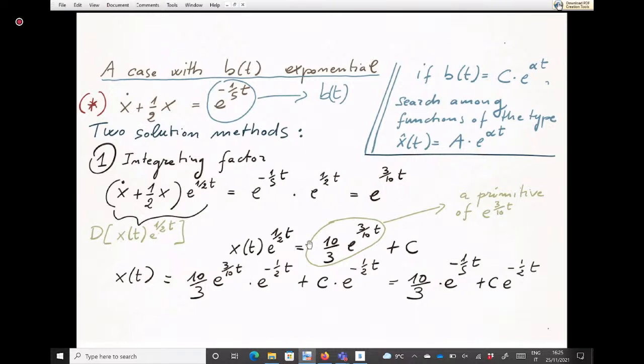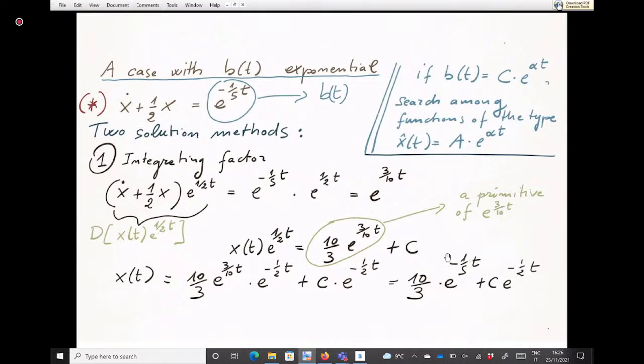Next, multiply both sides by exponential minus 1/2 t in order to make this disappear here. And you get 10 over 3 exponential of 3 over 10 t times exponential minus 1/2 t, plus c exponential minus 1/2 t. Again, here, take the sum of the exponents. It's exponential minus 1 over 5 t.